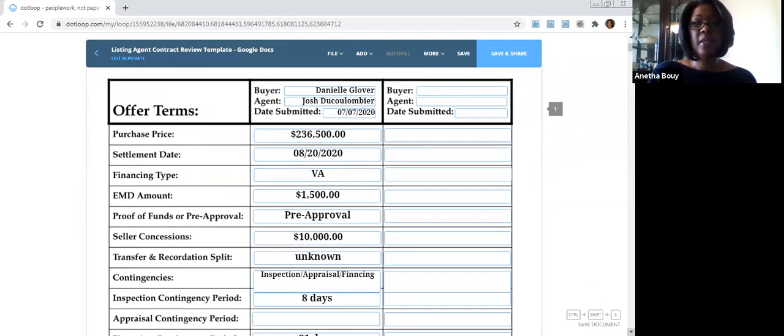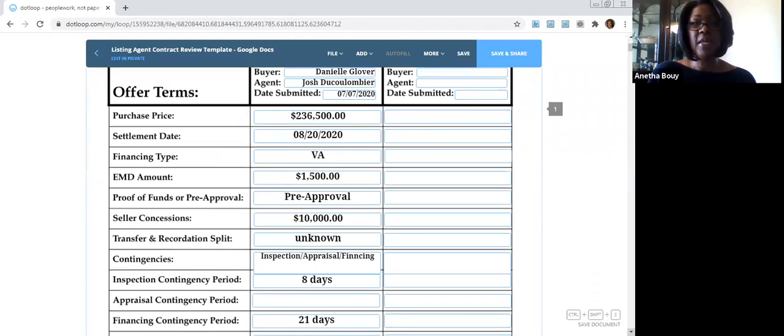So the last offer that we have is from Danielle Glover, and I am not going to mess up Josh's last name, but the agent is Josh, and the date of the submission was 7/7. The offer amount was $236,500.